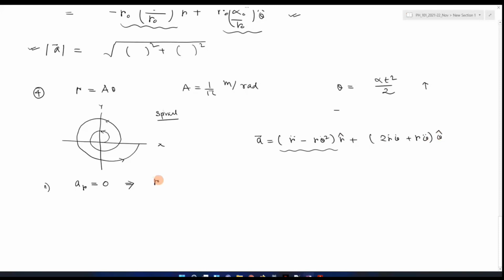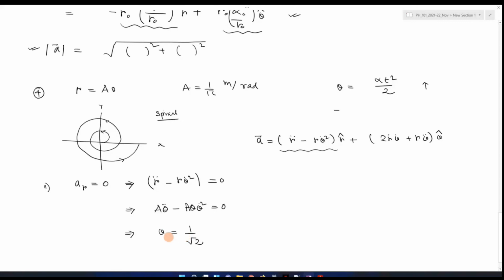So we have to set r double dot minus r theta dot square equal to 0. Once you substitute r double dot, it will become a theta double dot minus a theta dot square equal to 0. Simplify it. You will have theta equal to 1 by root 2.